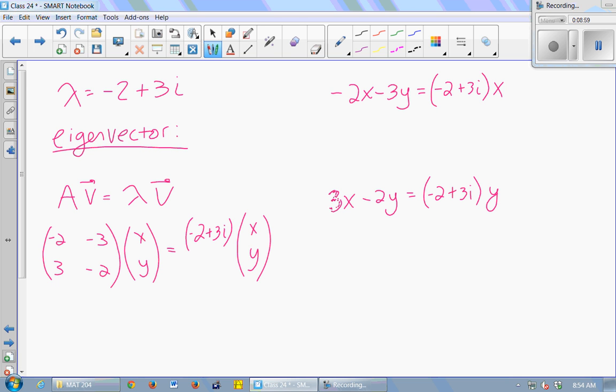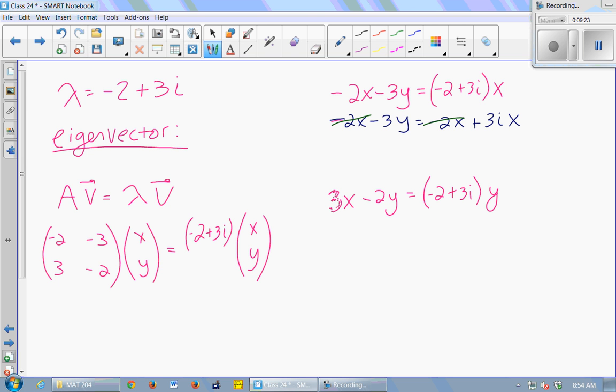All right, so if I'm going to solve this thing, negative 2x minus 3y is negative 2x plus 3ix. The negative 2x cancels, right? Add 2x to both sides and they go away.